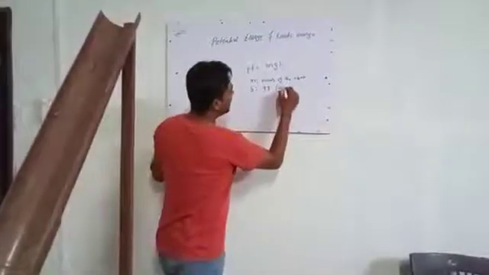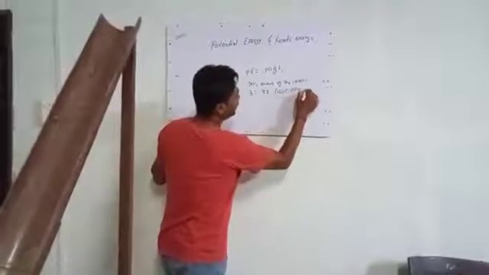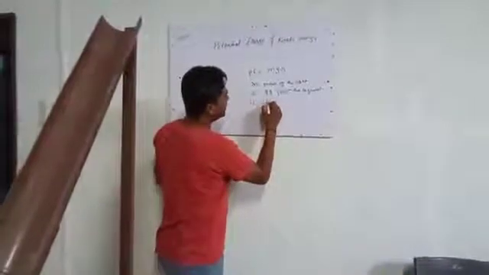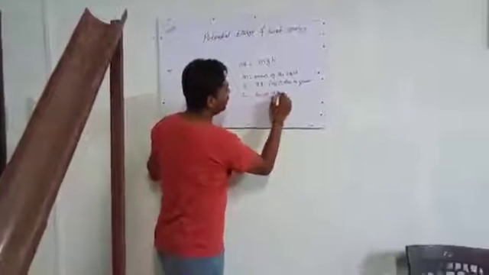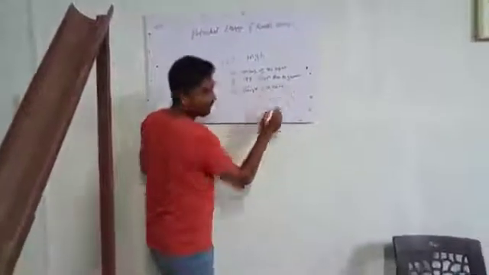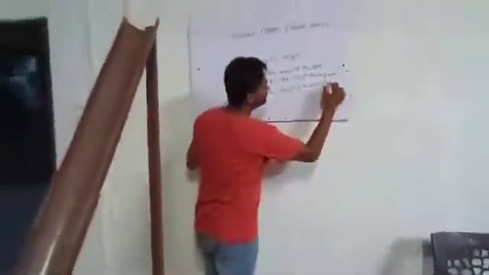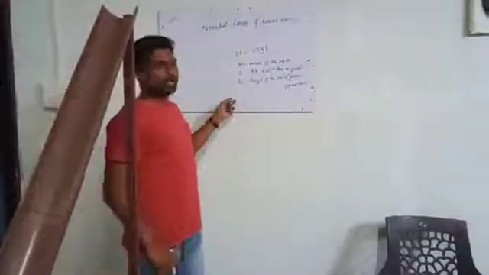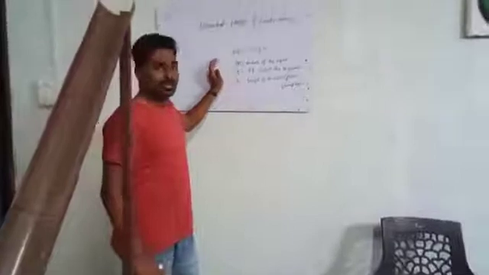That is acceleration due to gravity. And what is h, students? It is nothing but the height of the object from the ground level. So you can easily calculate the potential energy which is stored in the object.